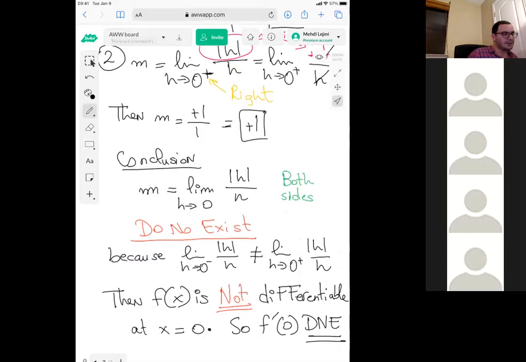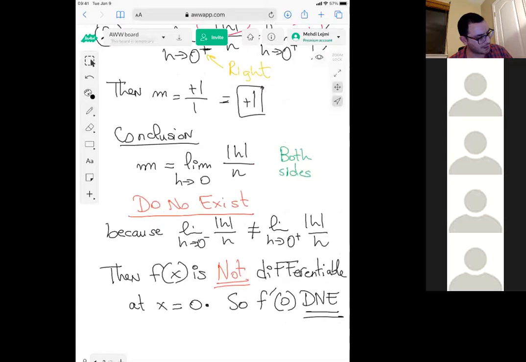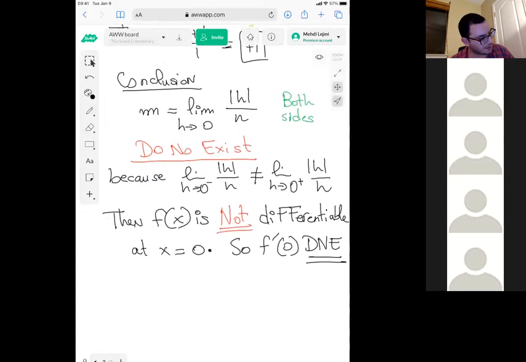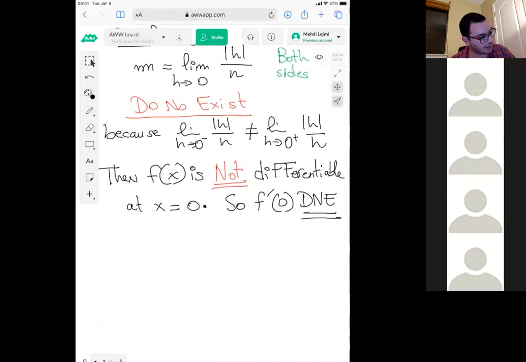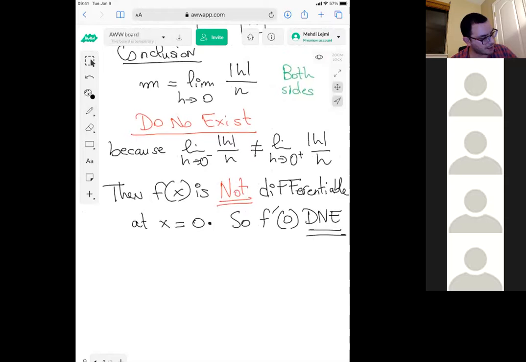And again, guys, if you want to visualize this conclusion here that f is not differentiable, it's actually clear from the graph. So the idea is the following. Why is it not differentiable? Well, let's take a look at the graph of f of x.